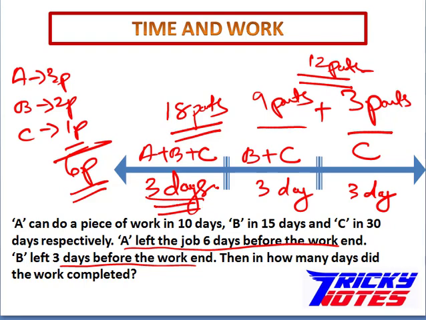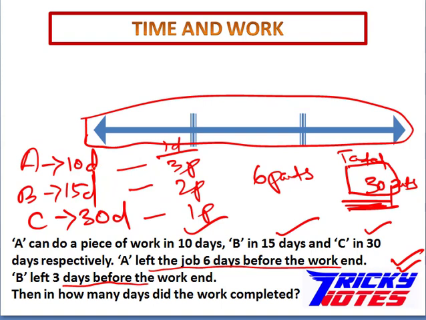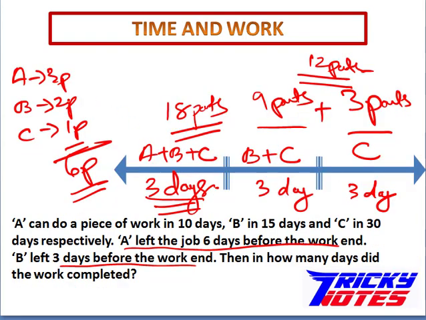Again I am telling you, see what I have done. According to the question, 10 days, 15 days, 30 days, I have taken the total work to be 30 parts. In a day A is doing 3 parts, B is doing 2 parts, C is doing 1 part. So total they are doing 6 parts in a day. Within this diagram I have put the question.